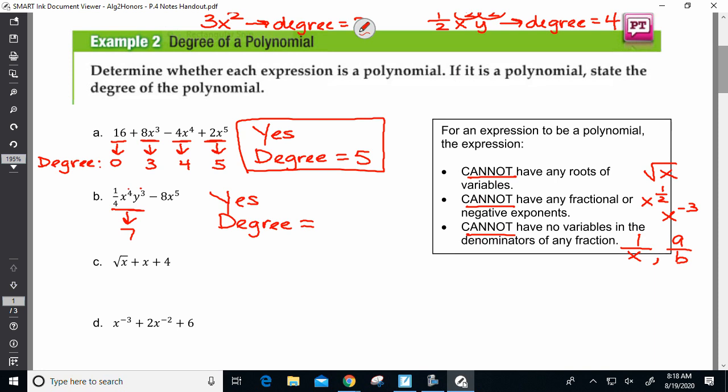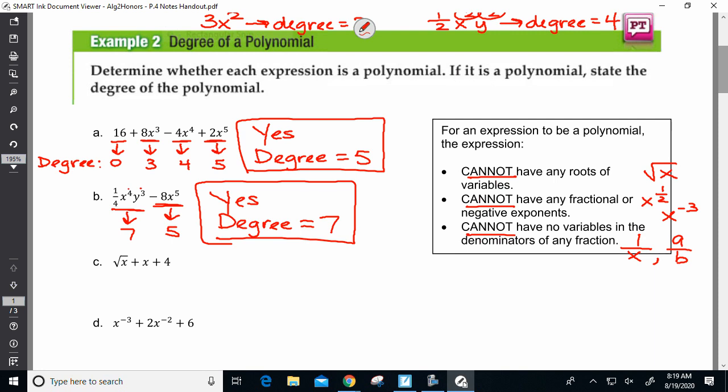And the degree here is 5. So the degree for this polynomial is 7. Again, if it's a polynomial, you give the degree. If it's not a polynomial, then you just put no and you keep it moving.